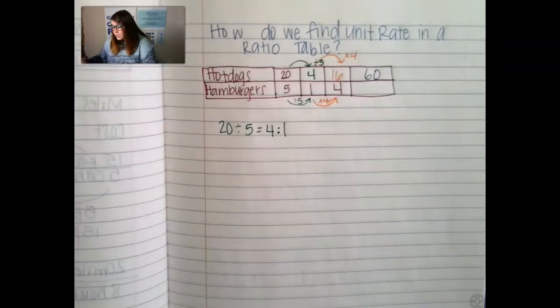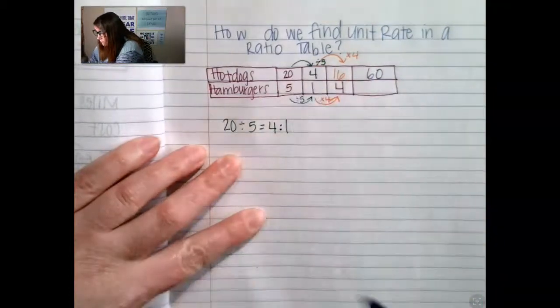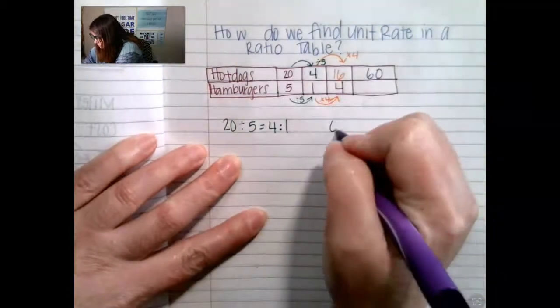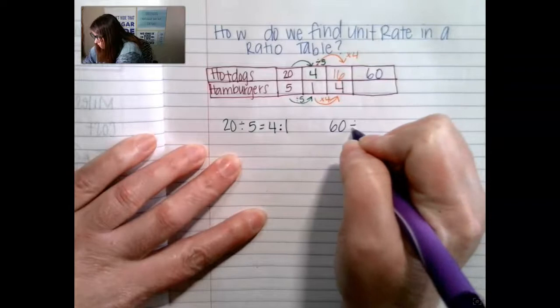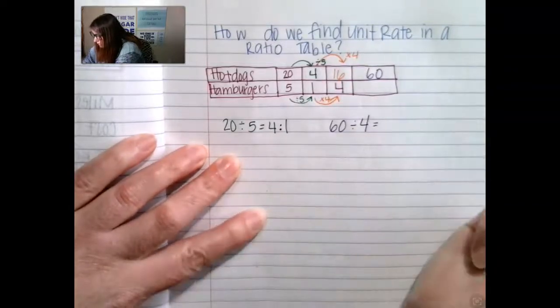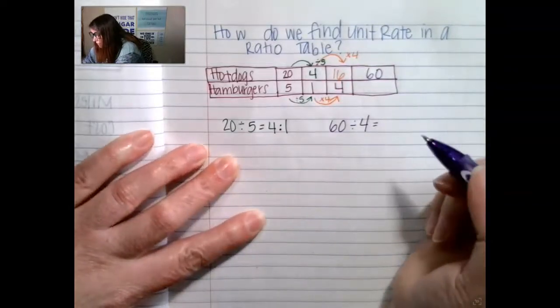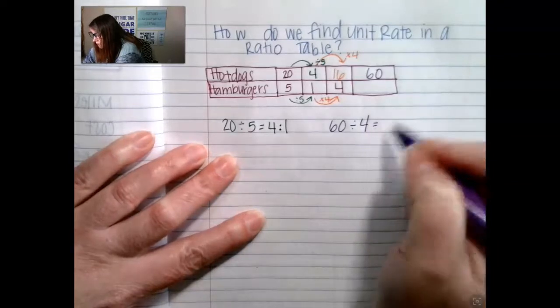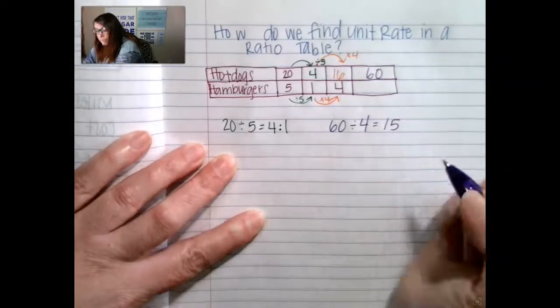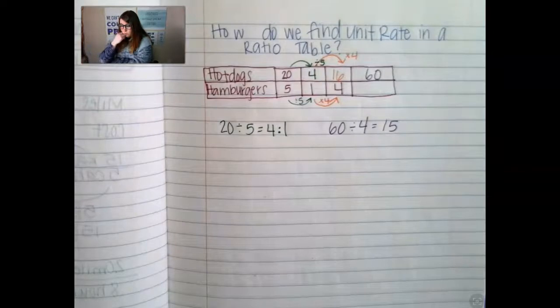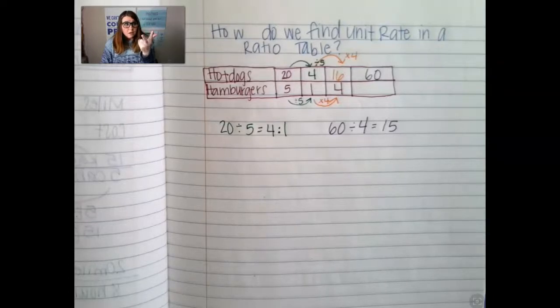So I could do 60 divided by 4, and I get 15, because I could look at this like 15, 30, 45, 60, right?